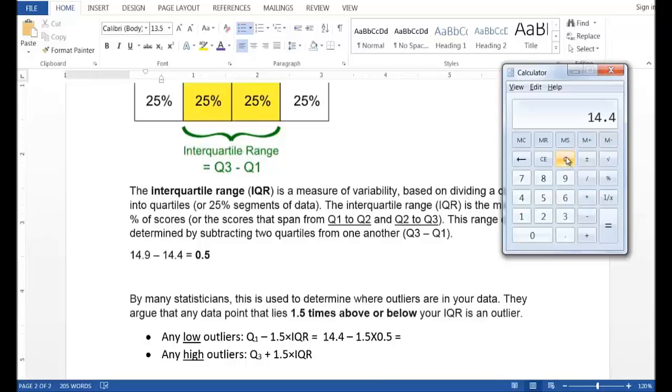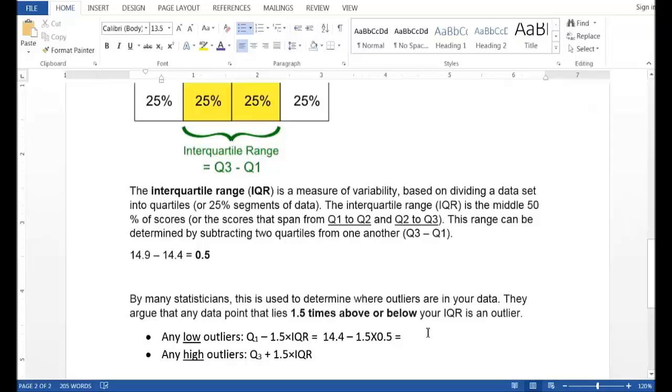So 14.4 minus 0.75. And when you do that, you get 13.65. So that tells me in this data set, an outlier would be 13.65, a low outlier at that. And that's just one new measurement of what an outlier could possibly be based on interquartile ranges.